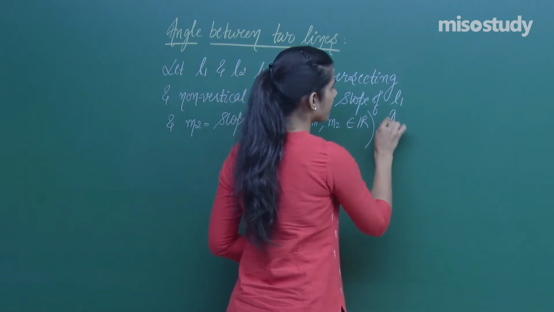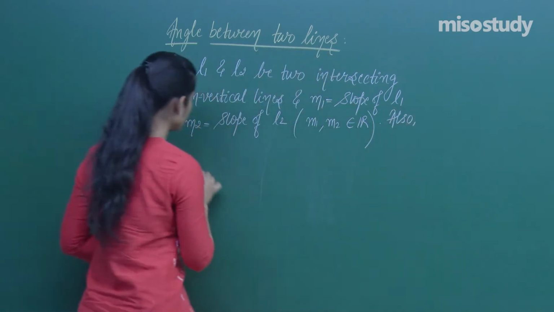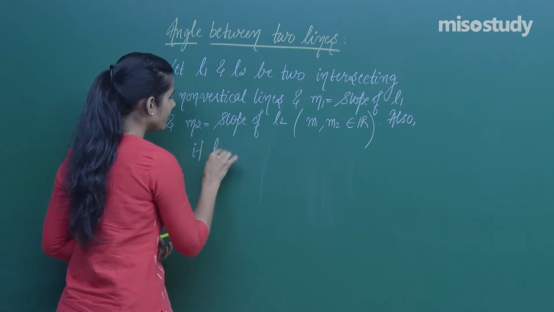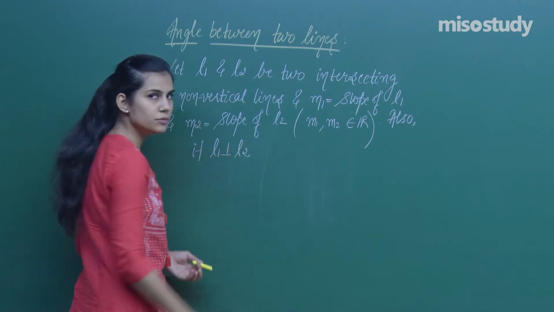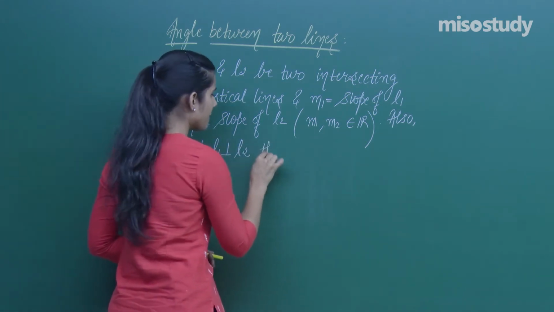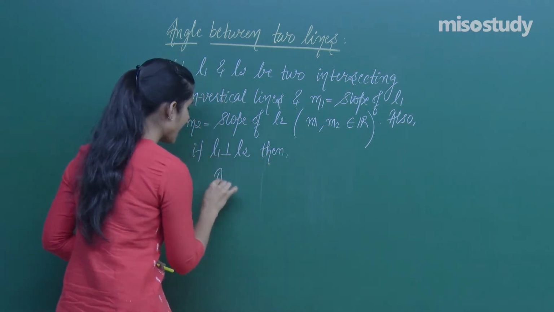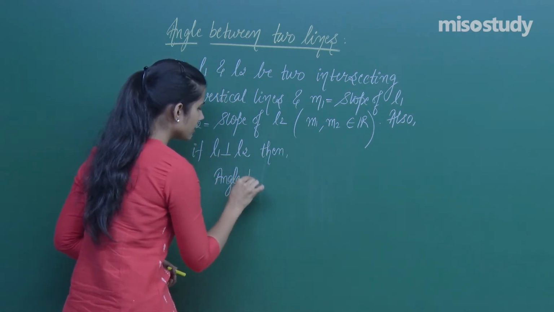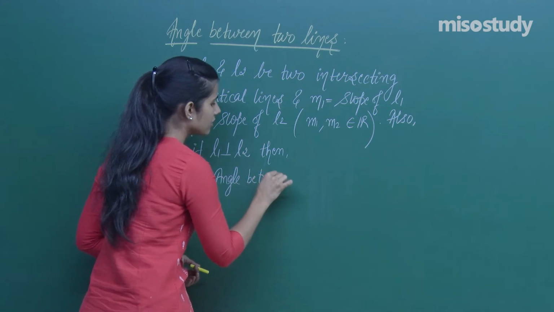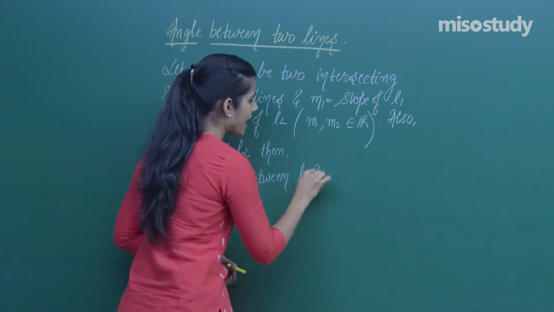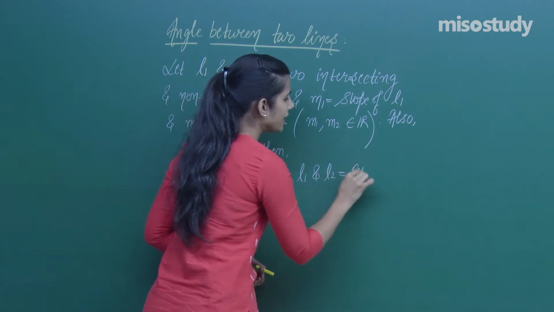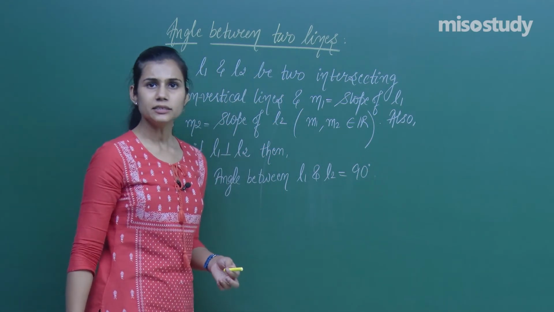Also, if L1 is perpendicular to L2, then the angle between L1 and L2 is equal to 90 degrees, isn't it?